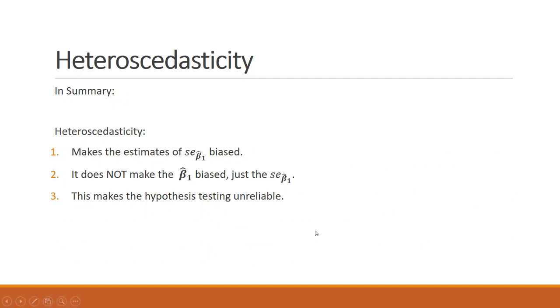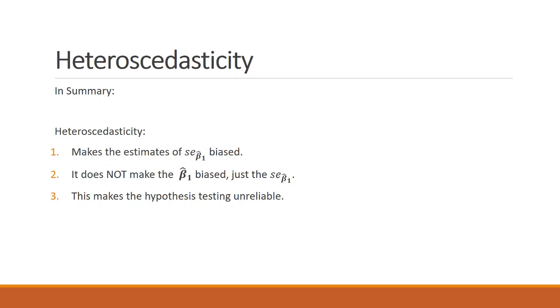In summary, heteroskedasticity makes the estimates of the standard error biased. It does not make the coefficient estimate biased. So this doesn't cause the same problem as omitted variable bias. It's making the standard error estimate biased. But this makes our hypothesis testing unreliable.